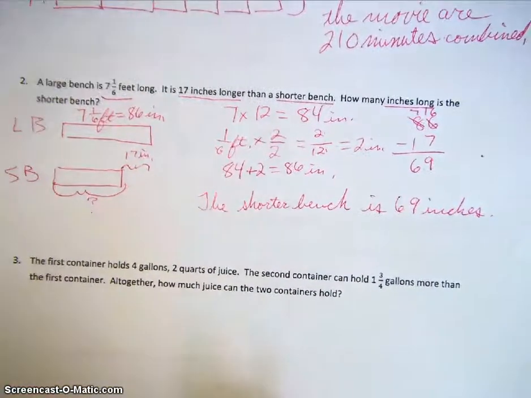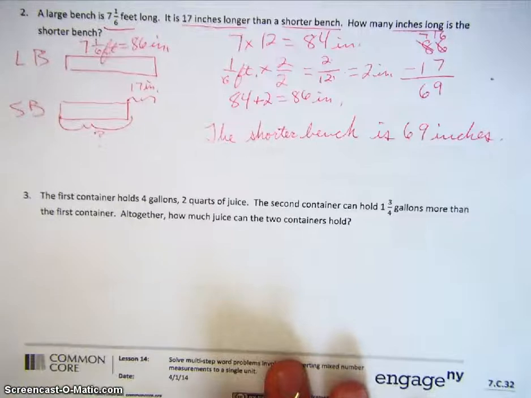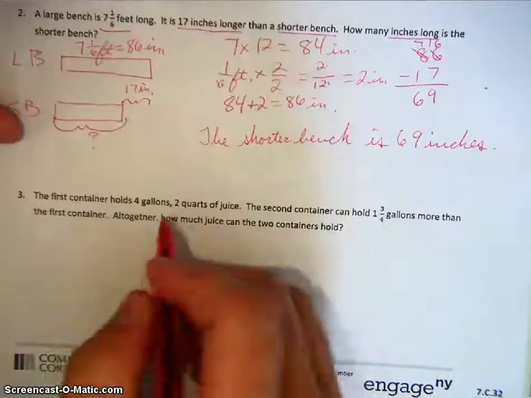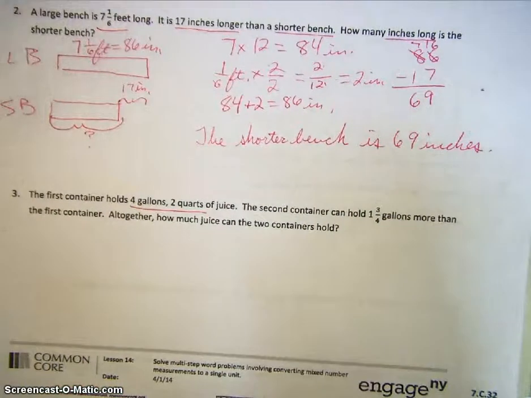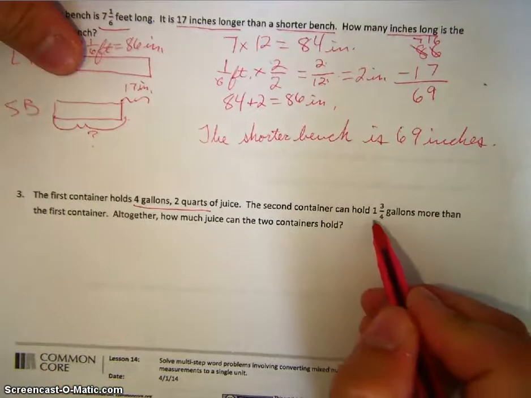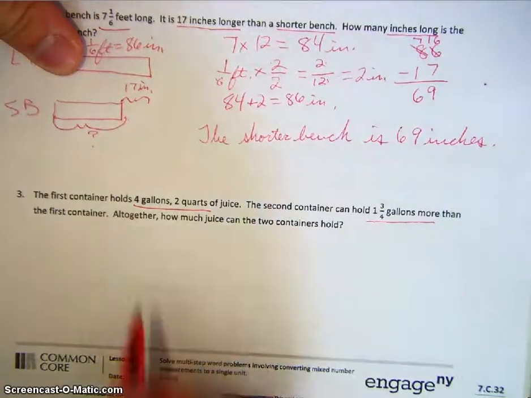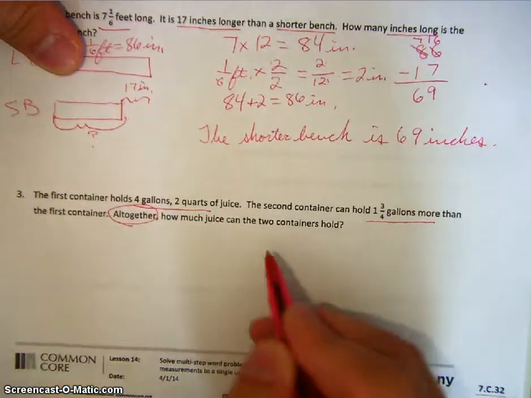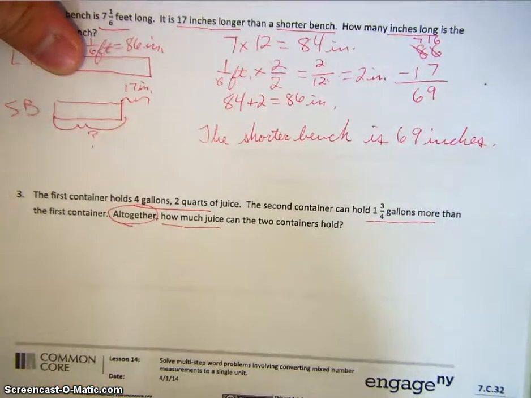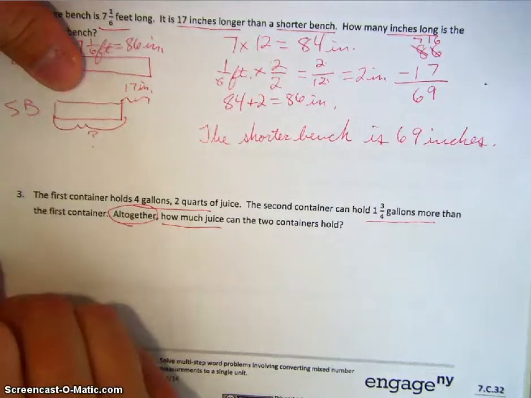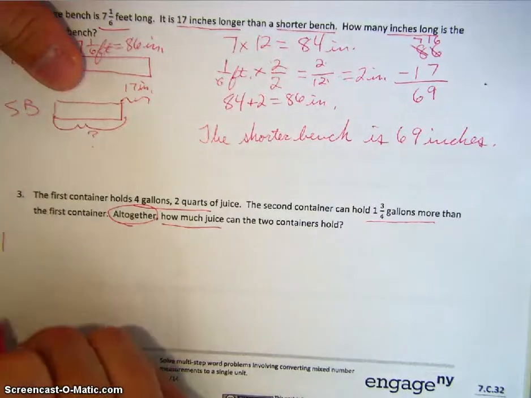Okay, moving on to number 3. We have some containers. Now the first container holds 4 gallons, 2 quarts of juice. The second container can hold 1 3/4 gallons more than the first container. We want to know altogether how much juice can the 2 containers hold. So we have our first container and our second container.